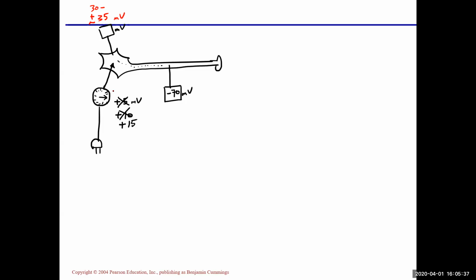And very soon, you'll see that my second voltage meter down in the axon also reads +35. There might be a little delay because the signal needs to reach in here and then you read it. But very soon, again, this would change.